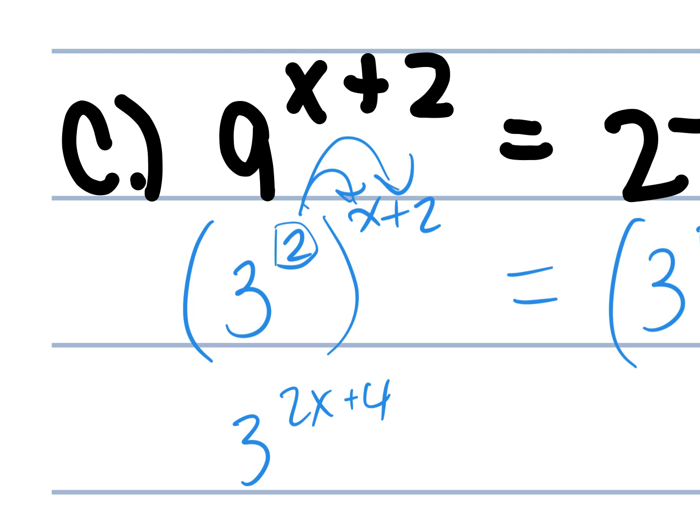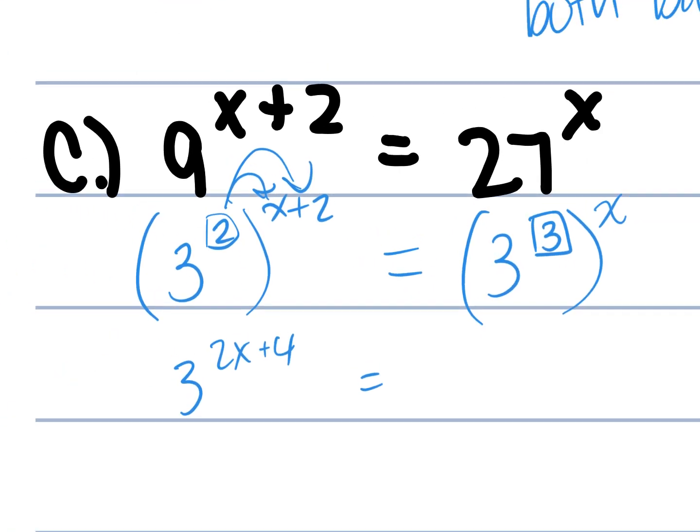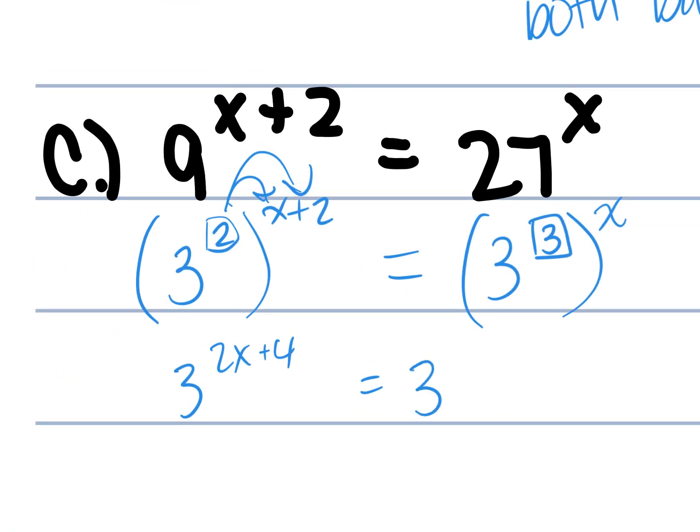Do you guys remember distribution? So it becomes 2x plus 4 equals, what do we have on the right-hand side? 3 to the 3x. If it helps, draw your arrows indicating multiplication. All right, do my bases match? What can I do when my bases match, guys?